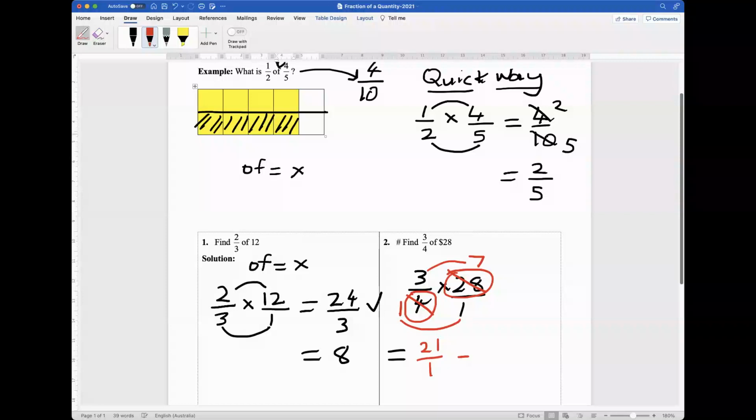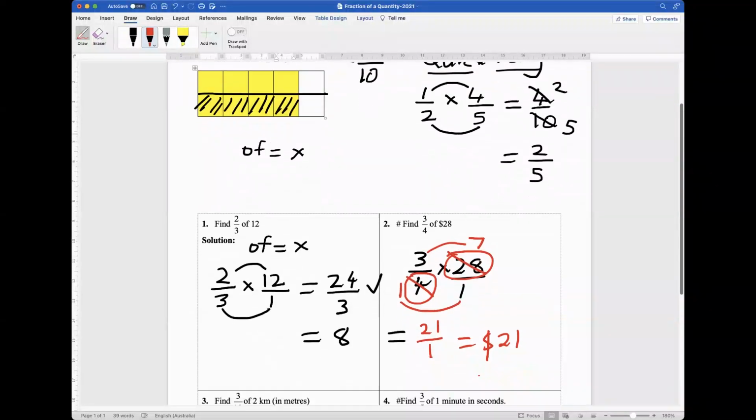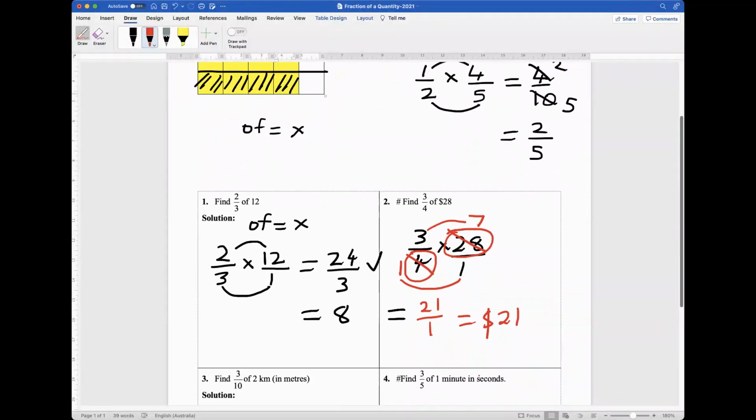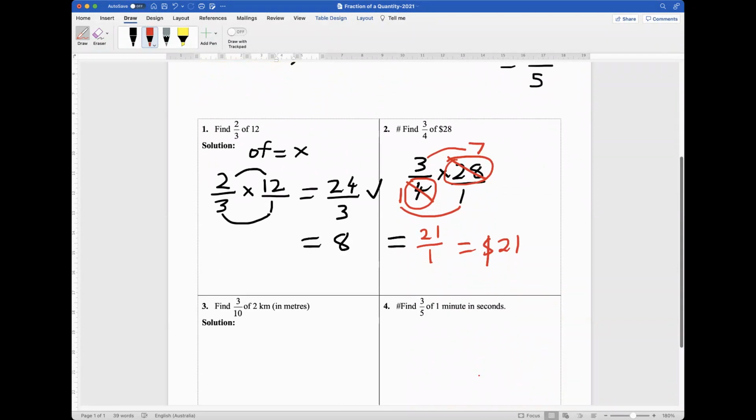And 21 divided by 1 is just 21. Don't forget to put the dollars. So that's 3/4 of 28. Just remember, change the of into a times.